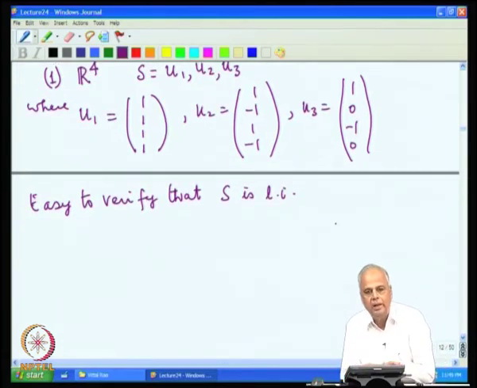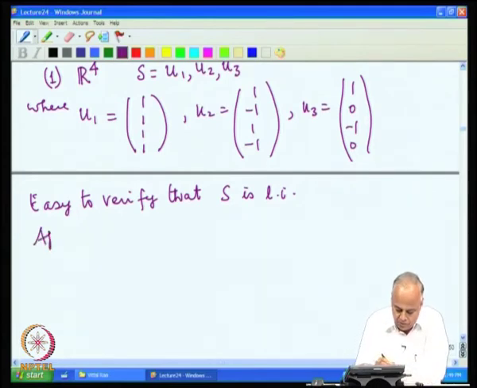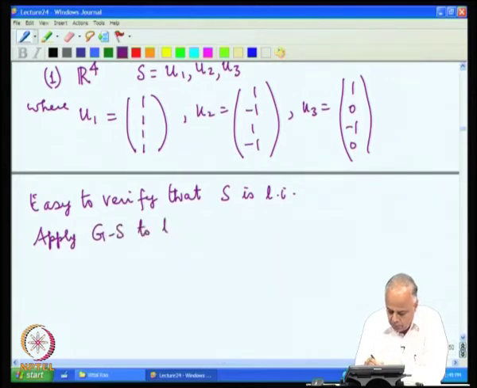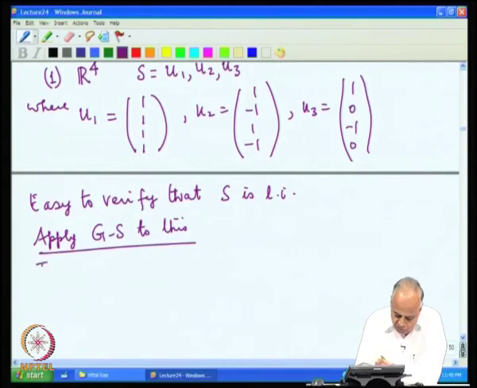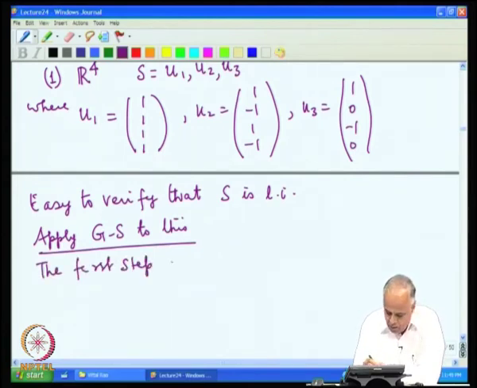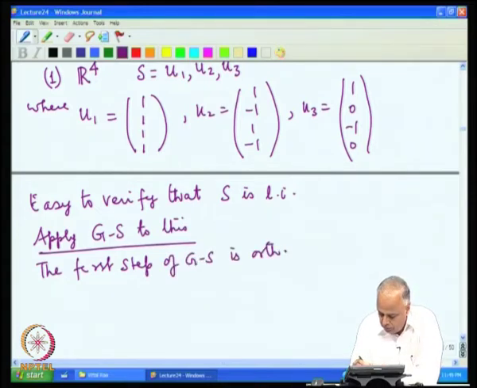Since it is a linearly independent set, now we are going to apply GS, the Gram-Schmidt operation, to this. Now, what is the first stage of the Gram-Schmidt? It is orthogonalization.